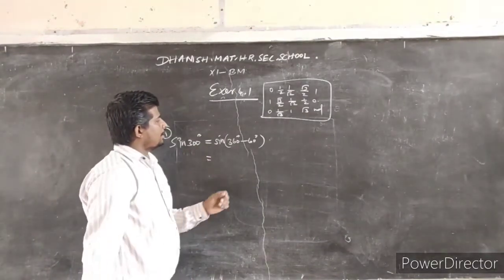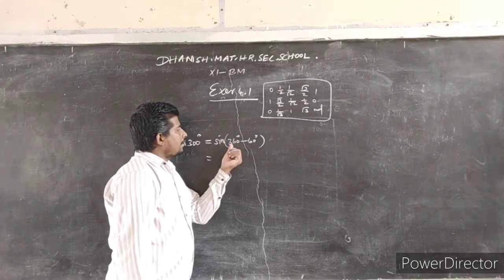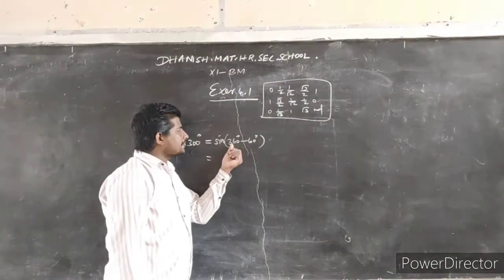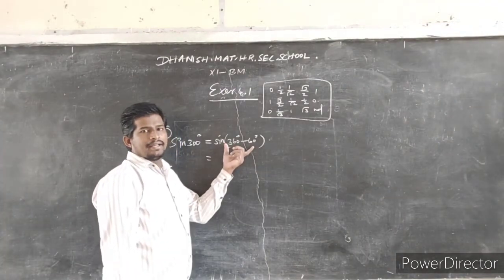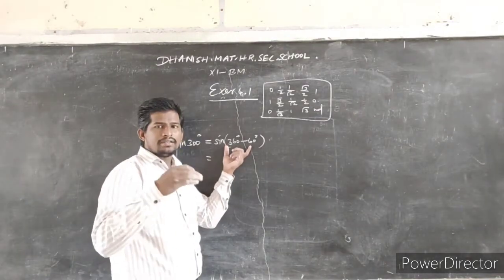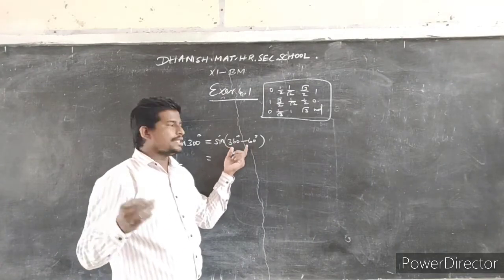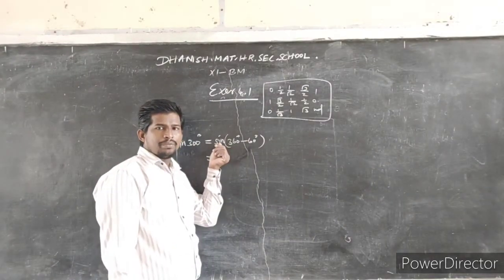Now, if the first degree in the bracket is either 180 or 360, there will be no change in the trigonometric ratio.